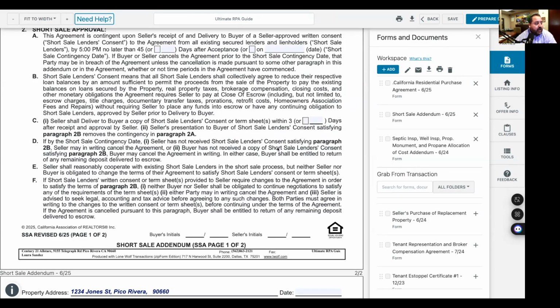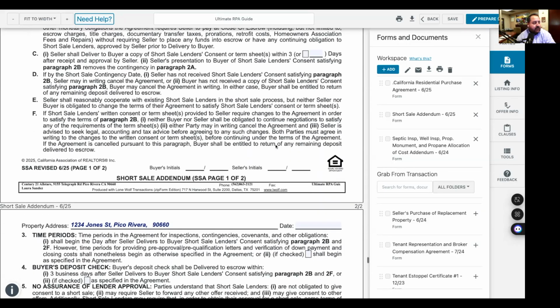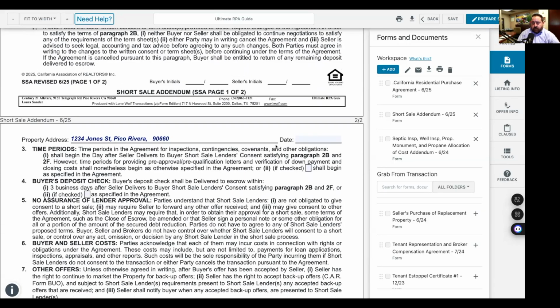Both parties must agree in writing to the changes to the written consent or term sheet before continuing under the terms of the agreement. If the agreement is canceled pursuant to this paragraph, buyer shall be entitled to return of any remaining deposit delivered to escrow. So again, we have the right to cancel. If they change the terms of our agreement, either party can cancel based on the change in the terms. You don't have to agree to it.